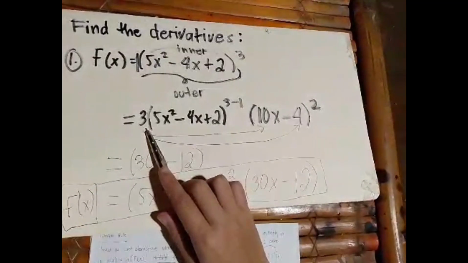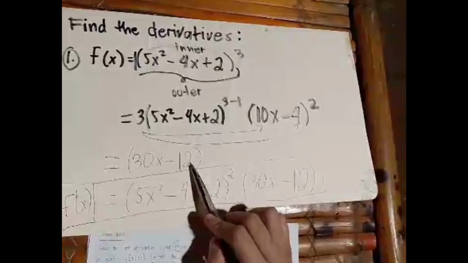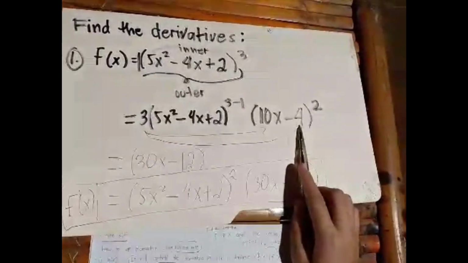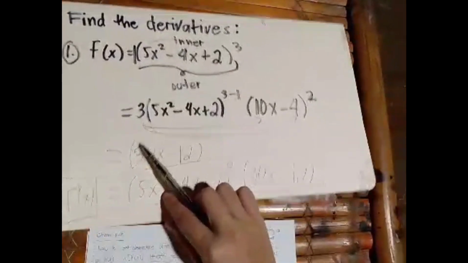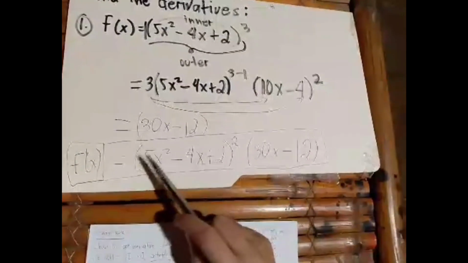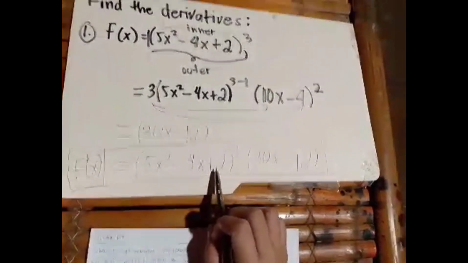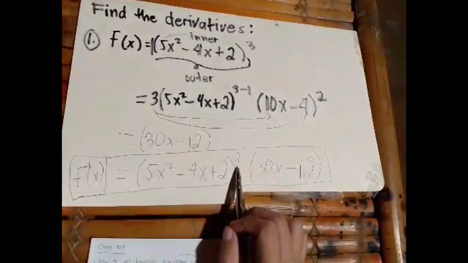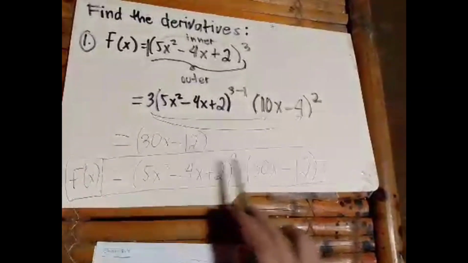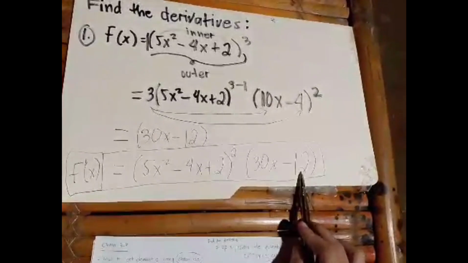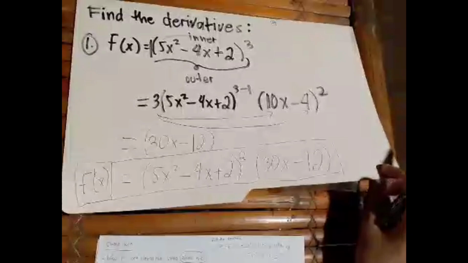Then, 3 times negative 4 is equal to negative 12, because positive times negative is negative. Then next, bring down the 5x squared minus 4x plus 2, then squared, because we subtracted 1 here. Then, 30x minus 12.